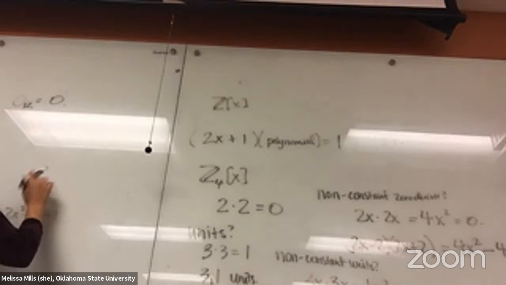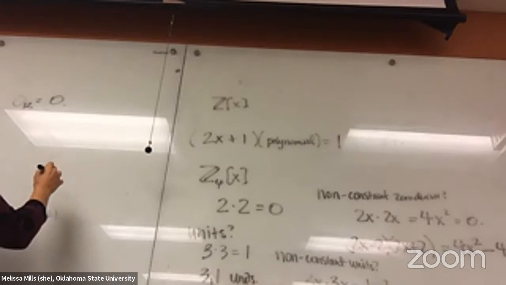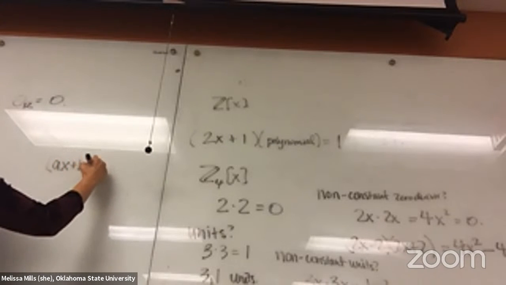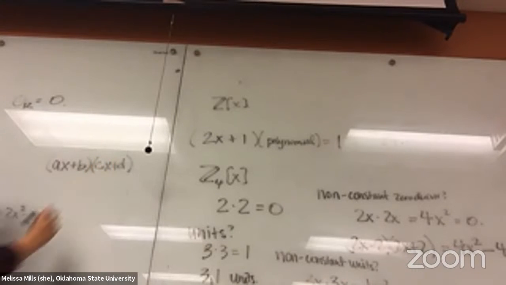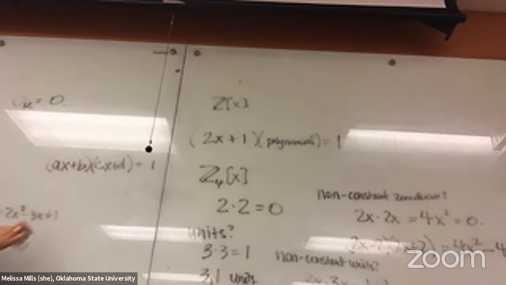So let's just play around with the linear one. What if we had ax plus b multiplied by another linear one, cx plus d, and I want that to equal 1, right? So what has to happen?